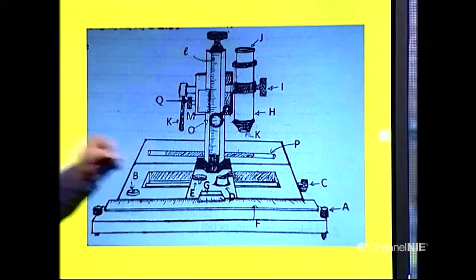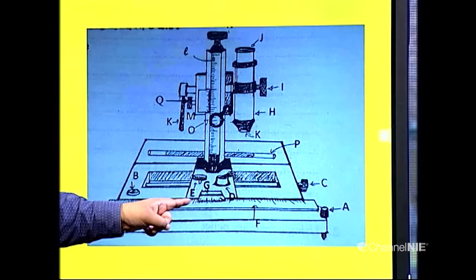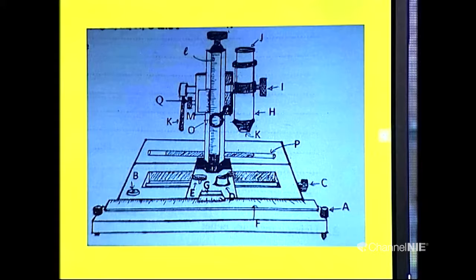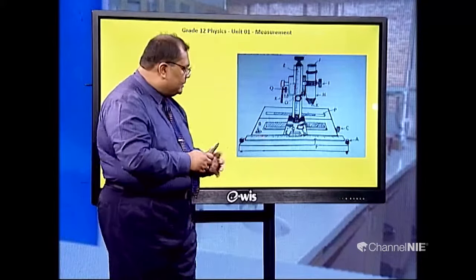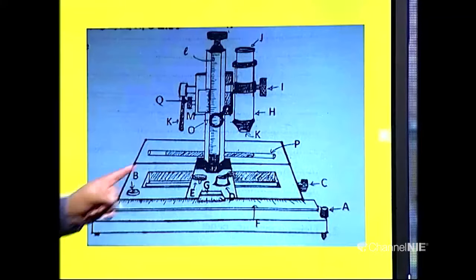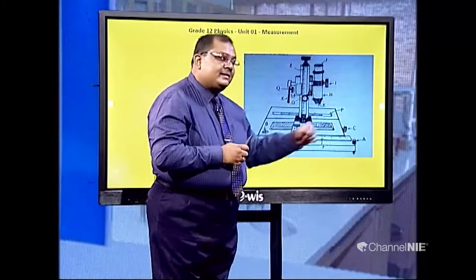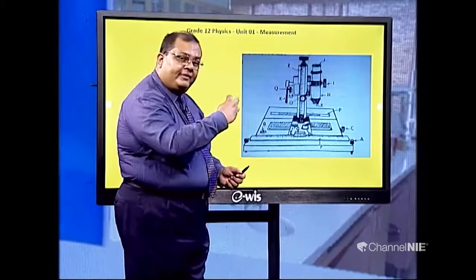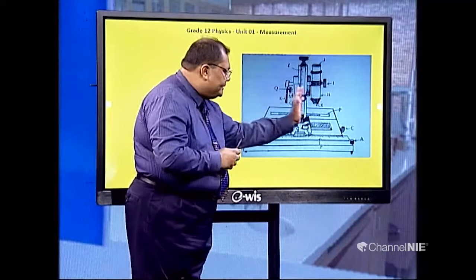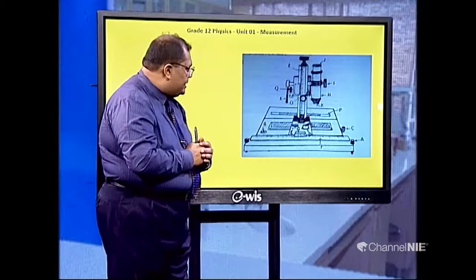There's another screw here which is connected to the vernier. Before using the fine adjusting screw, we have to tighten this screw E. That is the tightening screw. When it is tightened, the fine adjusting screw works, and using it we can move this very slowly in the horizontal direction.